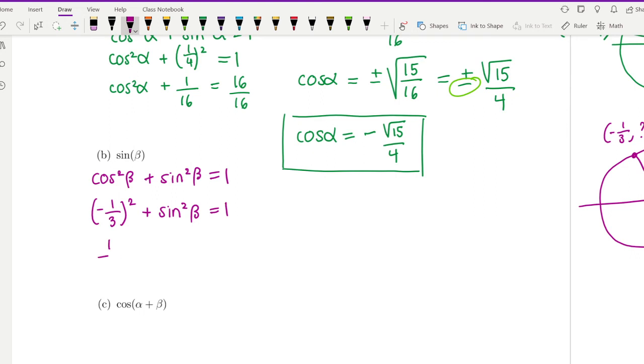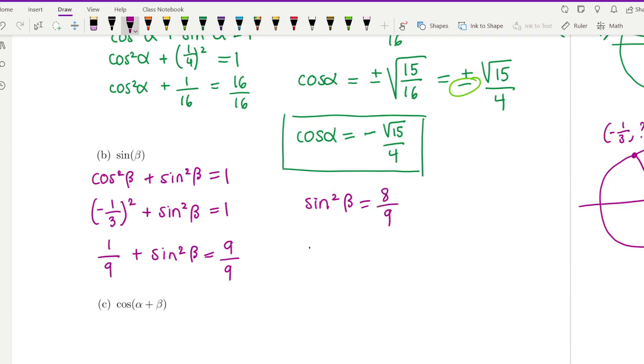Negative 1/3 squared is positive 1/9. We can rewrite 1 as 9/9 to help us do that subtraction. Then we subtract 1/9 from both sides, and we end up with sine squared of beta equal to 8/9.